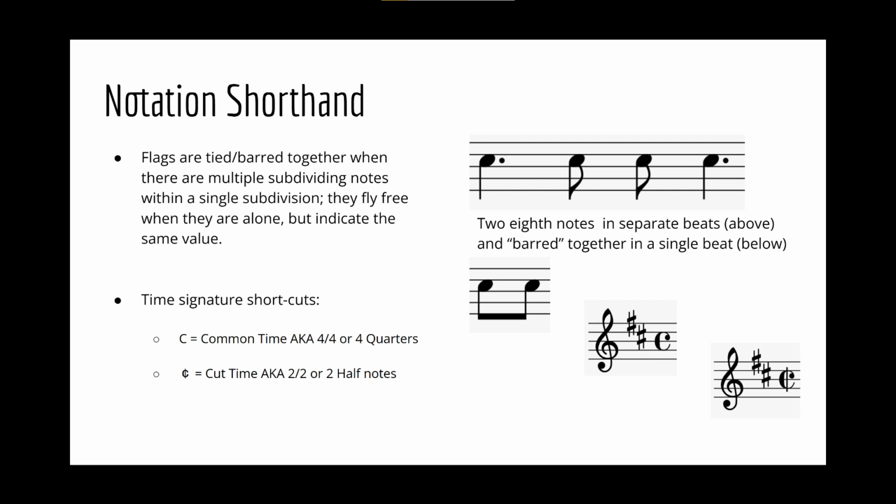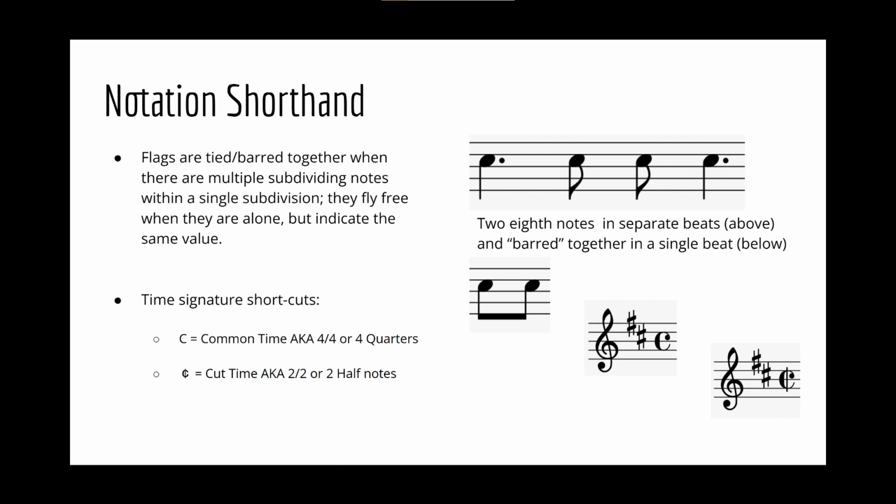If there was only one eighth note occurring in a single subdivision, so if you had a dotted quarter note, as you can see on the page, followed by an eighth note, that eighth note is the only note within beat 2 that is occurring at a speed faster than a quarter note.